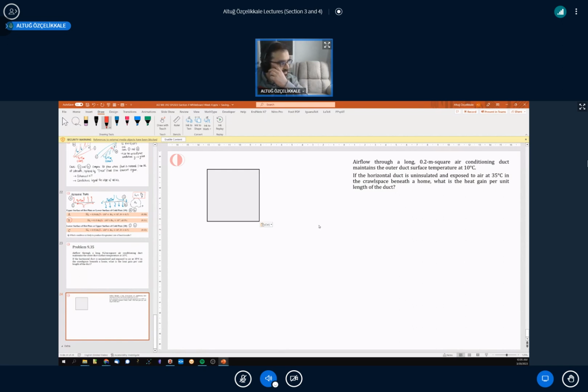Here is my duct. It's a long duct, and it has an edge of L equal to 0.2 meters. And since it's square, this is also L.